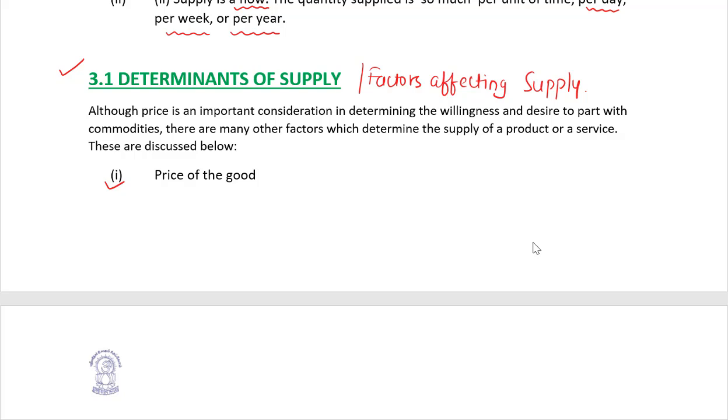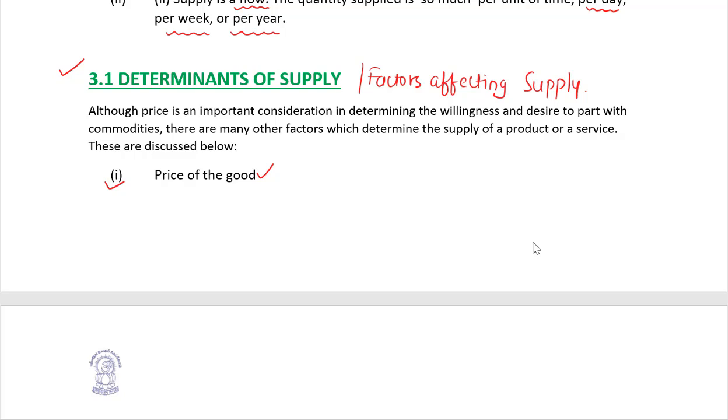Students, the most important factor determining the supply of a commodity is its price itself. You can say as a general rule that price of a commodity and the supply are directly or positively related. This means as price of the commodity increases, the quantity supplied of the given commodity also increases and vice versa.